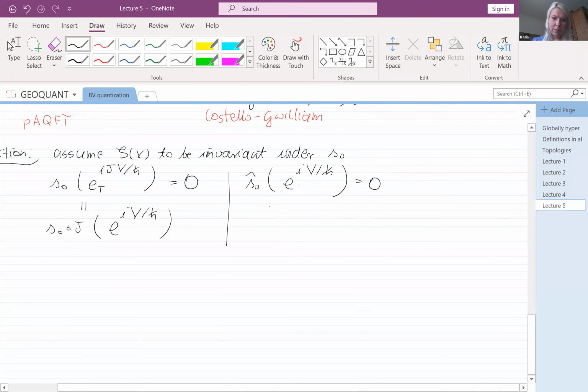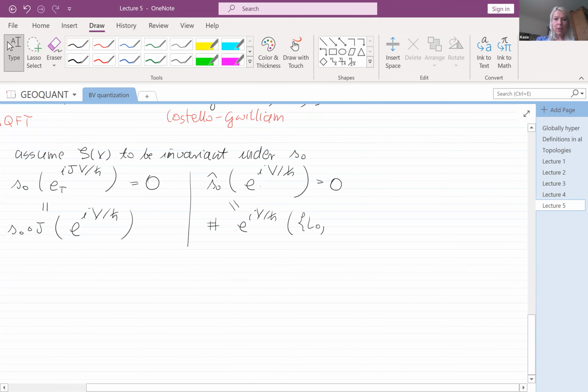So this is just an equivalent way of phrasing it. And we can find out what it is explicitly. Again, it's a computation. All these things are given very explicitly. So we find that this is iV over H bar, there could be some prefactors which I don't remember. But what we get here is a term with the free part of the differential acting on the exponential.